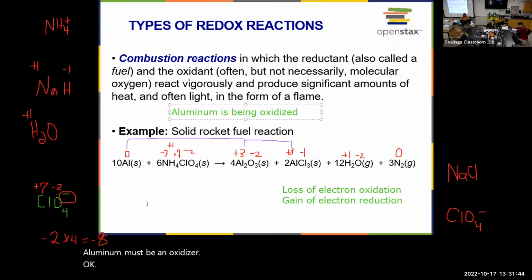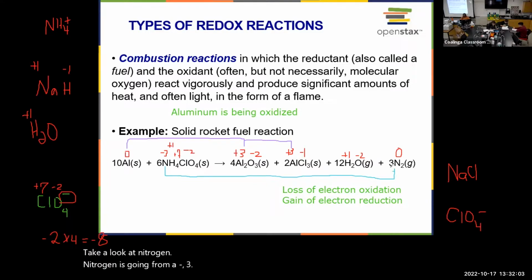What else? Now, if we take a look at nitrogen, nitrogen is going from -3 to 0.